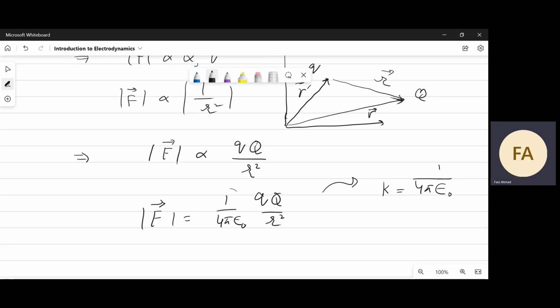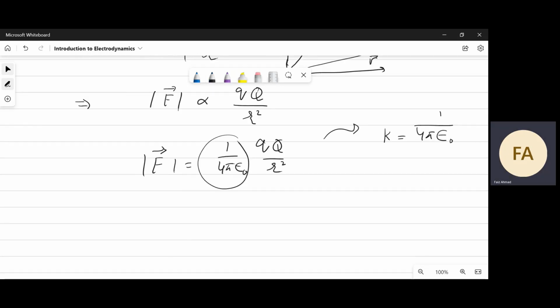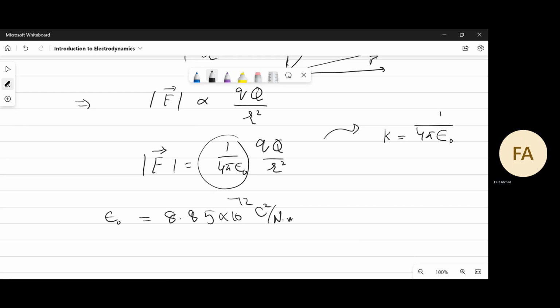Sometimes they use just K here. Here Q and Q prime are the magnitudes of the charges, R is the separation distance, and epsilon naught is a constant with the value 8.85 times 10 to the power minus 12 Coulomb squared per newton meter squared, and it's called the permittivity of free space.